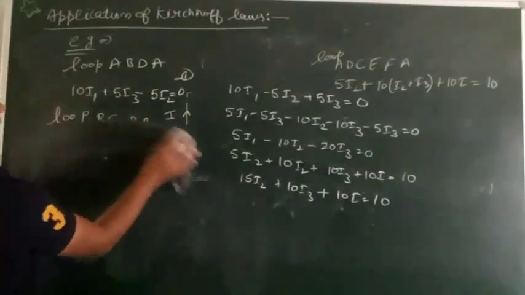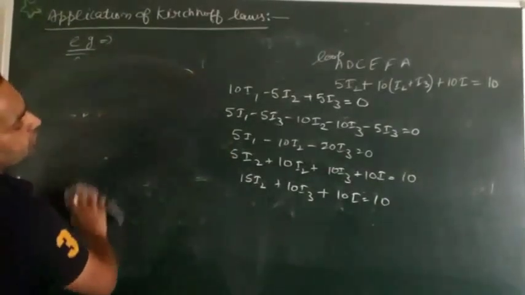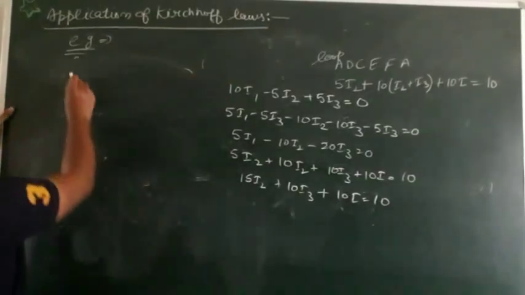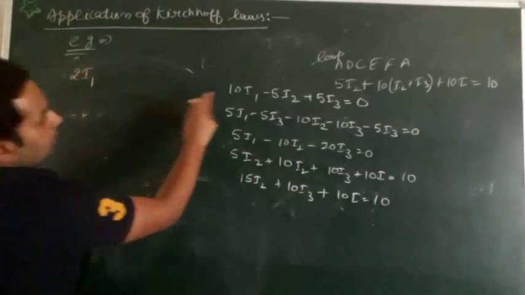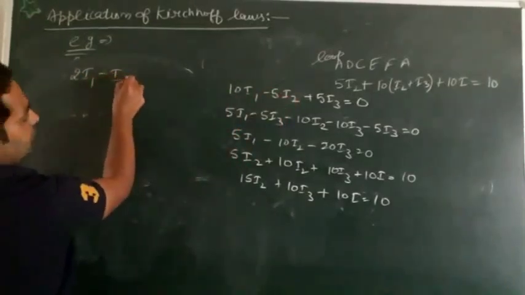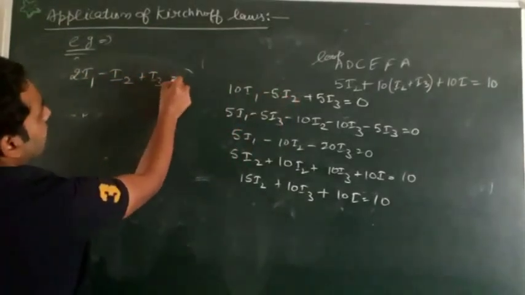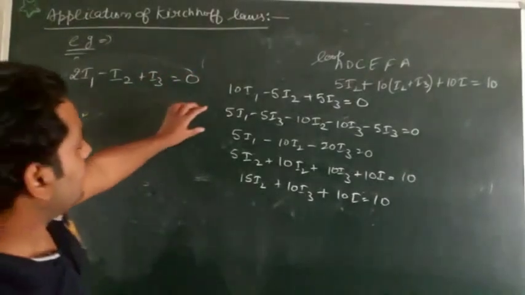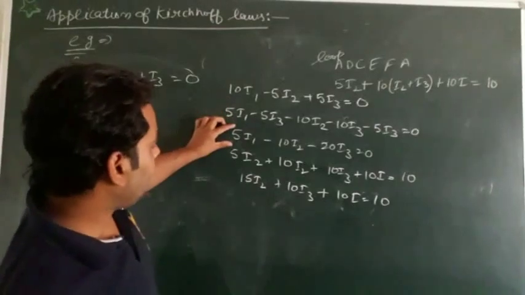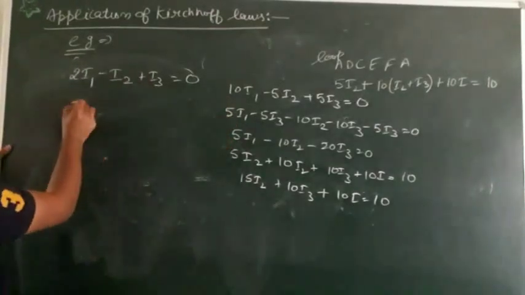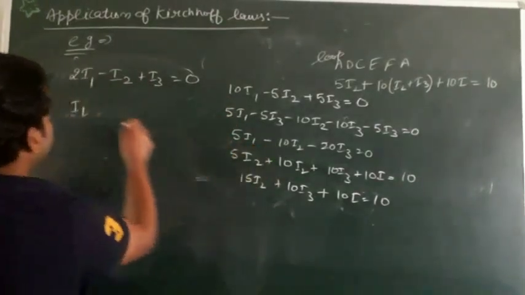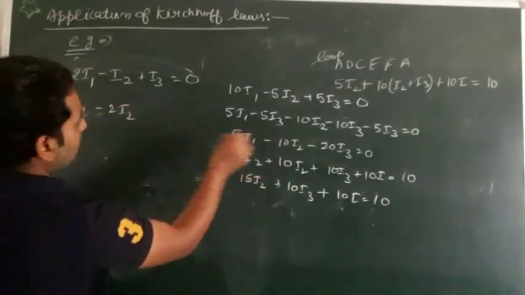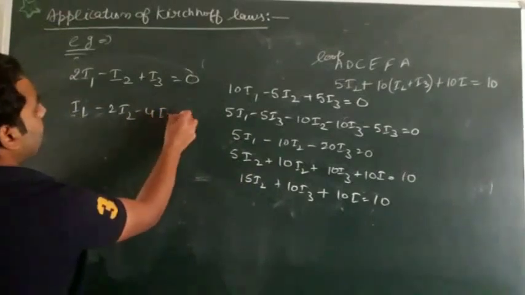So what do we have to do here? From this equation take 5 common. Here it comes out to be 2I1 minus I2 plus I3 is equal to 0. Again from this, take 5 common. Here it comes out to be I1 minus 2I2 minus 4I3 is equal to 0.